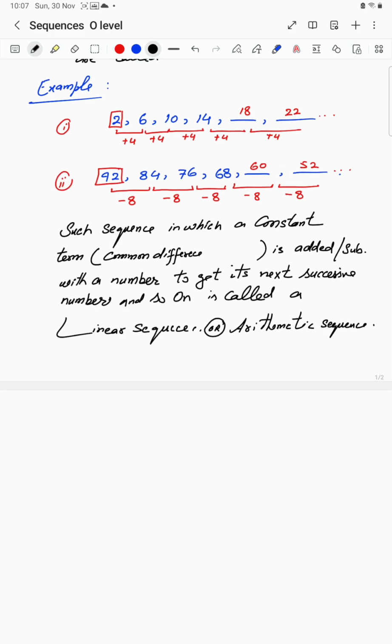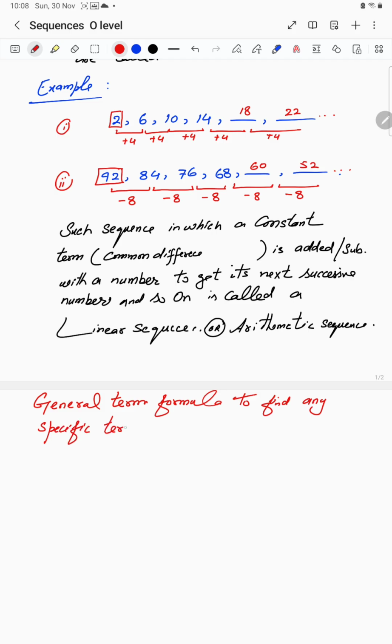I hope the sequence is clear to you. For an arithmetic sequence, sometimes we need to write the general term formula to find any specific term for a linear, or arithmetic, sequence.